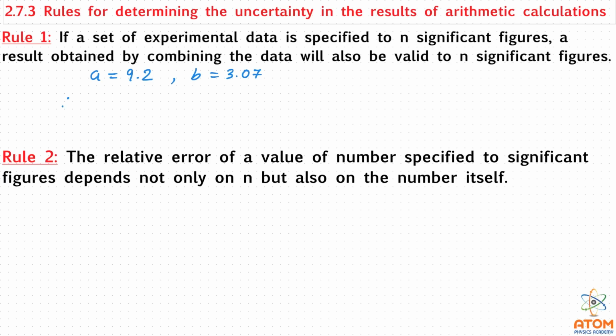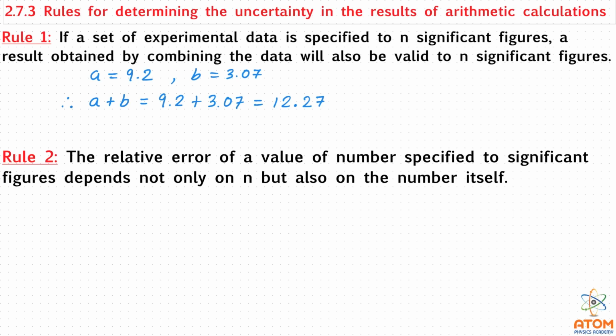Now in case of addition, we are discussing combining, so it will be addition and subtraction both. First we will see addition. If I take A plus B, that is equal to 9.2 plus 3.07, so it will be 12.27. But this is a case of addition, and we know in addition we have to consider the least decimal place.